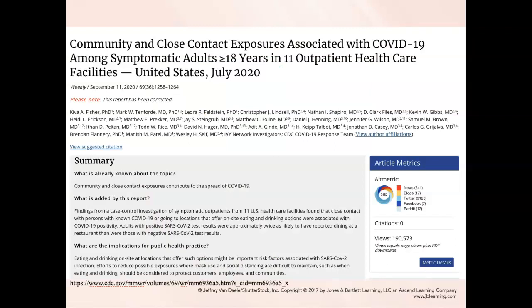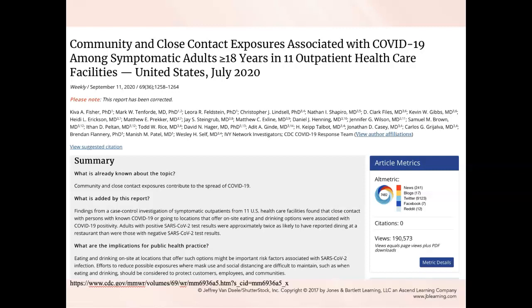Case control studies are common, and we have used these in understanding COVID-19. This is a great example of a study that used a case control study design to try and answer the question, is dining during the pandemic a dangerous activity? There was a lot of debate early on in the pandemic around the safety of going out to eat in a restaurant and contracting COVID-19.